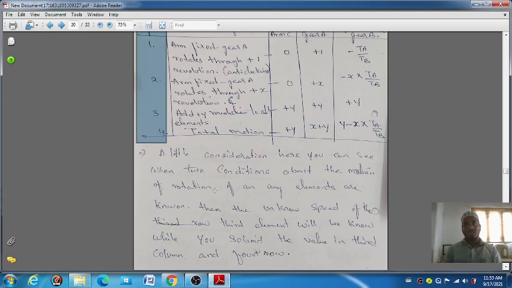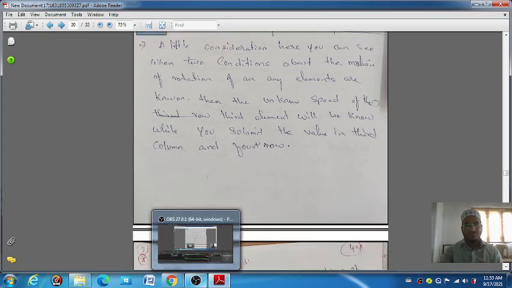Whatever the unknown one is, in the third or fourth column, you will get the value. The question will ask only about the third and fourth column, so we substitute the values to get the third or fourth column values.